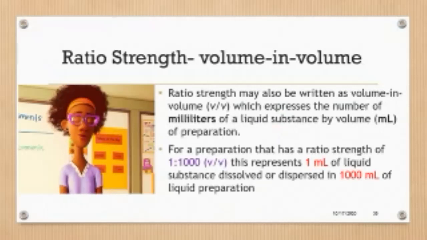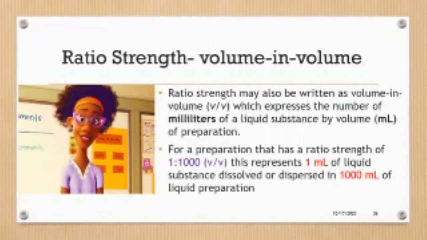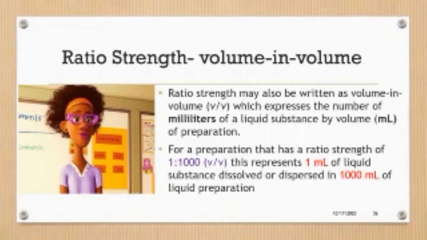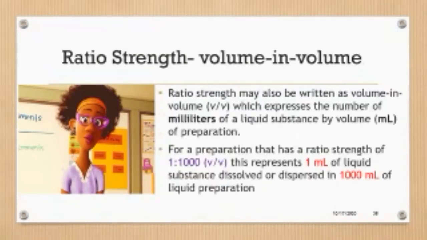Volume in volume is similar to concentration, as I said before, but it's going to be the number of milliliters of a liquid substance in the volume of a preparation. So 1 in 1,000, volume in volume, represents 1 mL of a liquid substance dissolved or dispersed in 1,000 mL of a liquid preparation.